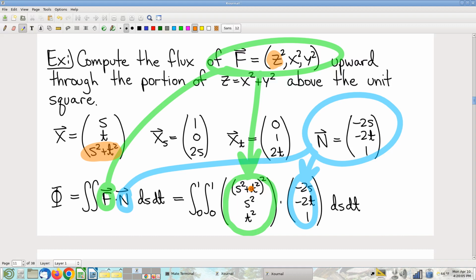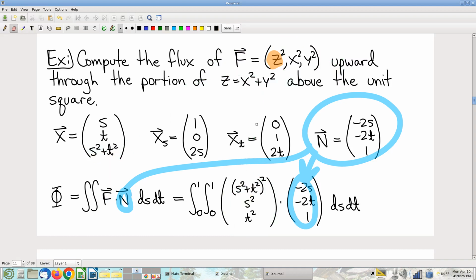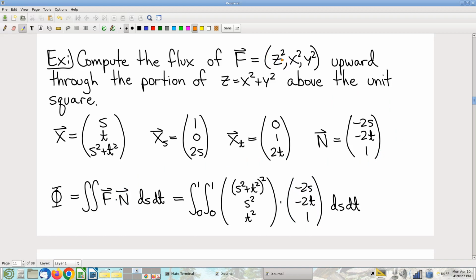And so when I say z squared, looking at this vector field, first coordinate z squared, this is what z is, squared. Is that cool? Everybody happy? All right, likewise for the x and the y that follow. Plug and chug.